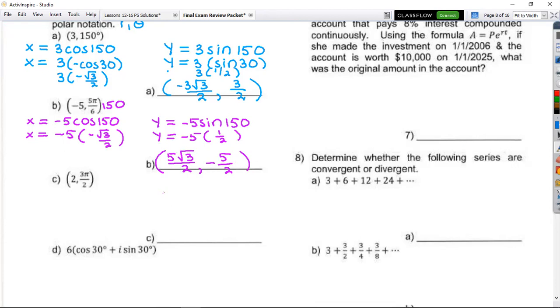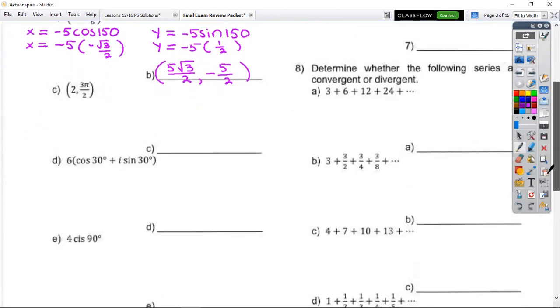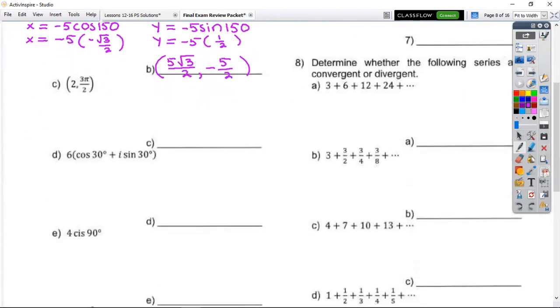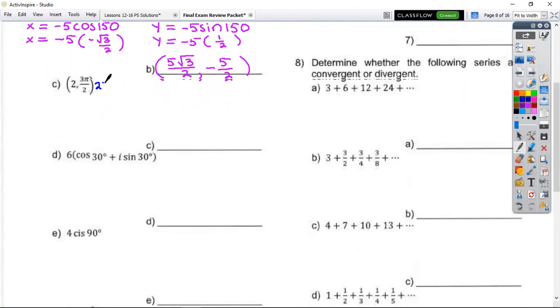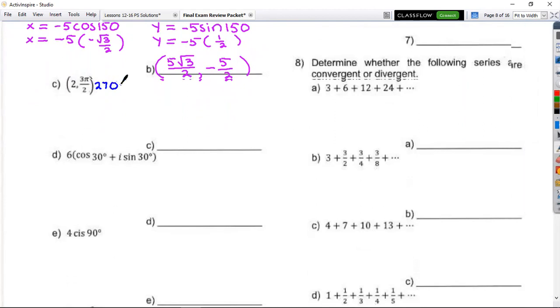All right, so next, you're going to convert this as well. So I have 3 times 180 over 2, which is 270. So we're going to go x is equal to 2 cos 270, and then y is equal to 2 sine 270.